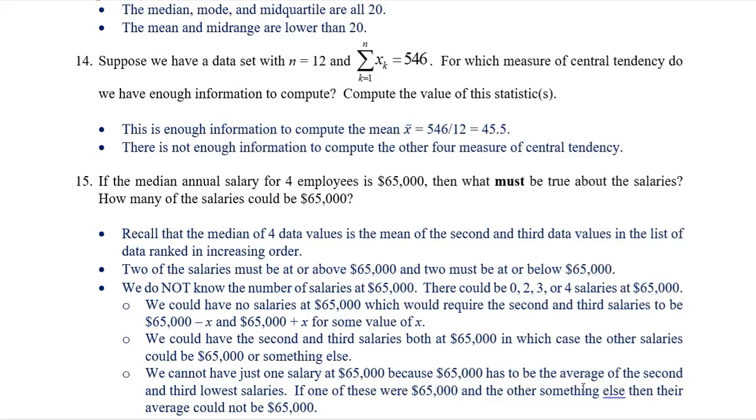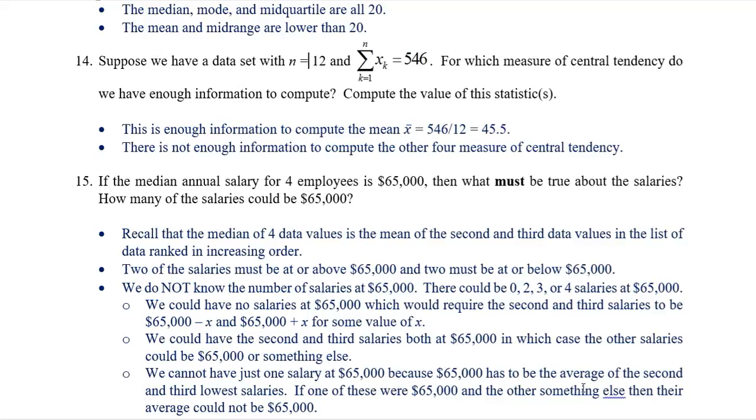We could have no salaries at 65,000, which would require the second and third salaries to be one 65,000 plus X and the other one would be 65,000 minus X for some value of X. Then the lowest would be at or below 65,000 minus X, and the highest would be at or above 65,000 plus X. We could have the second and third salaries both be 65,000, in which case the other two salaries could be 65,000 or something else.